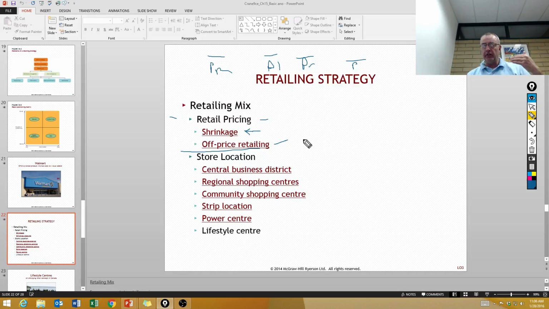Warehouse clubs are relatively large stores, and Costco is an example. They're 100,000 square feet plus, with minimal customer service and a membership fee you have to pay. Their product line is narrower than in some of the larger competing stores.